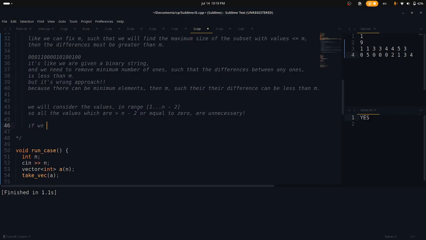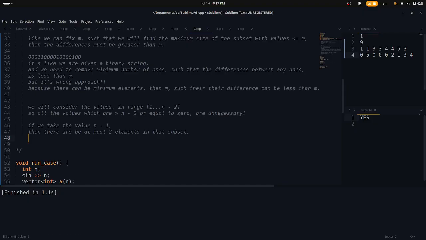Now if we take the value n minus 1, then there can be at most 2 elements in that subset. So it's like n minus n plus 1 plus 1.